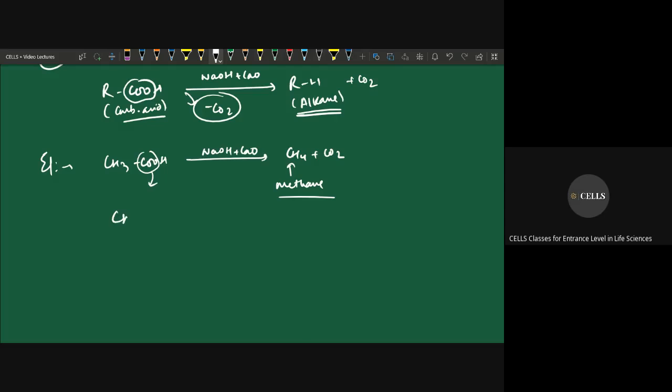Suppose if you have CH3COOD, in case of hydrogen there is deuterium. The same thing will happen. CO2 will be released, so don't write methane here, it will be CH3D plus CO2.